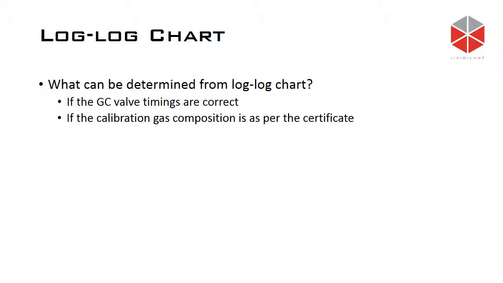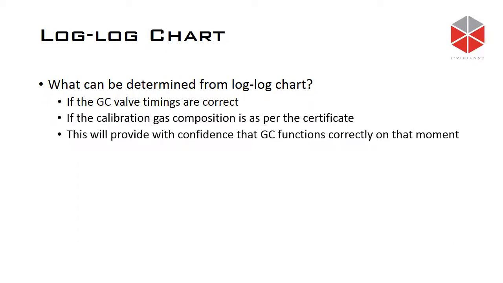So all the saturated gases exposed to the thermal conductivity detector at the same pressure, temperature, and flow rate condition will have quite high correlation between them, and that's pretty much the concept. And if we have a low correlation, one of them will be wrong. Either the valve timing will be wrong, or the calibration gas composition is not as per the certificate that we have. Now, this will basically provide us with confidence that the GC functioned correctly at that particular moment.